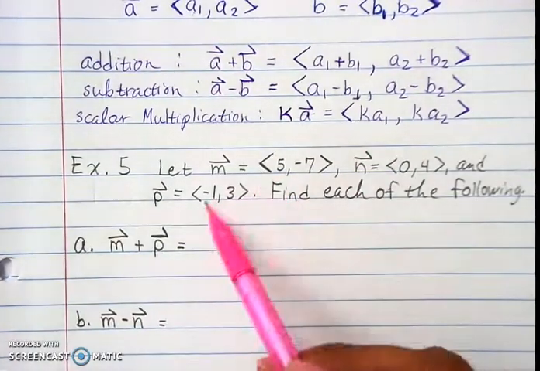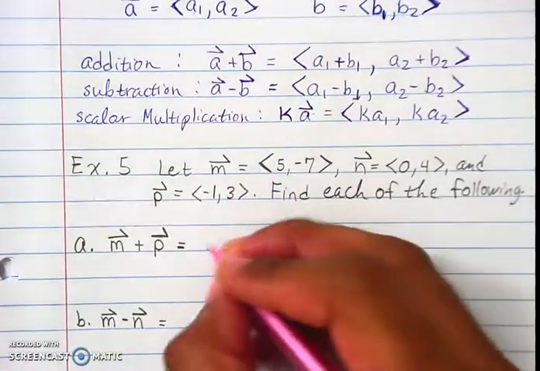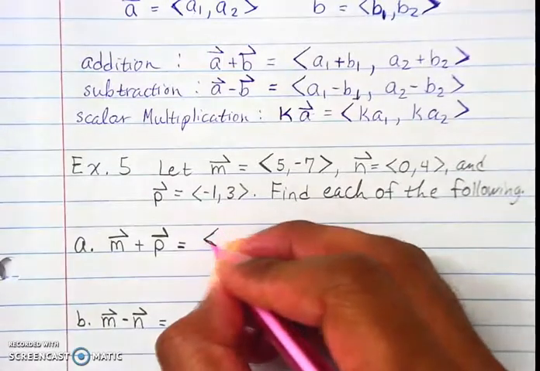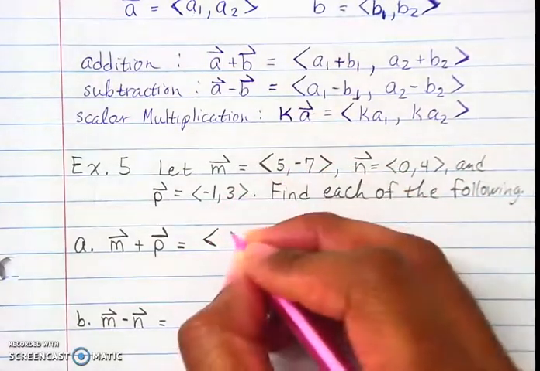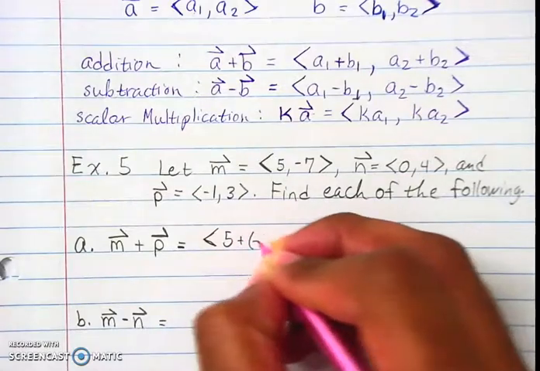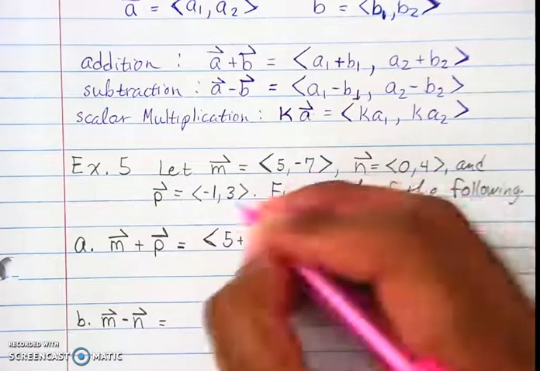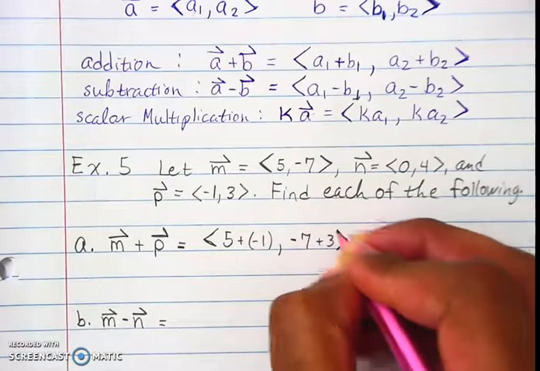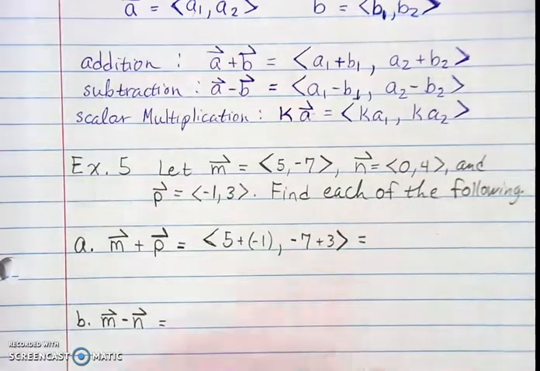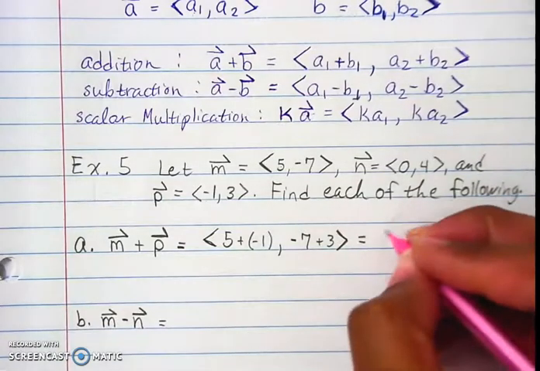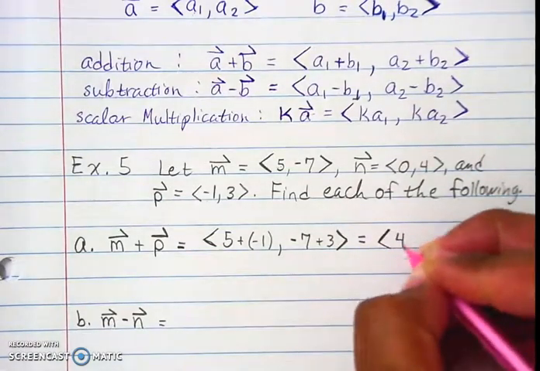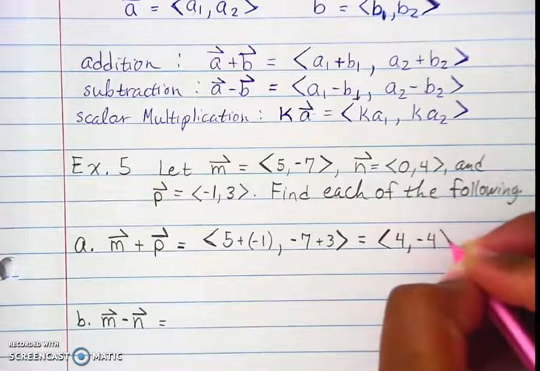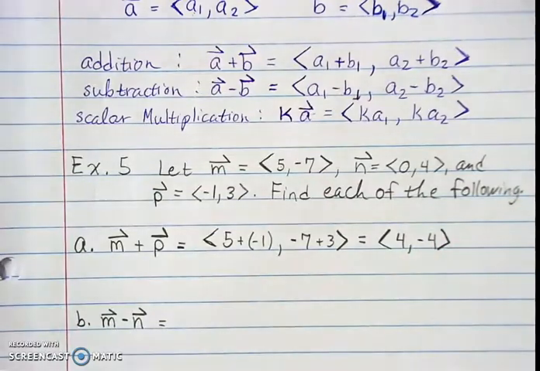We're talking about M and P here. So we're going to add the two first elements, 5 and -1. And then we're going to add the second element, -7 plus 3. So that should give us 4 for the first element, -4 for the second. And that's all she wrote. Oh my gosh, that was so hard.